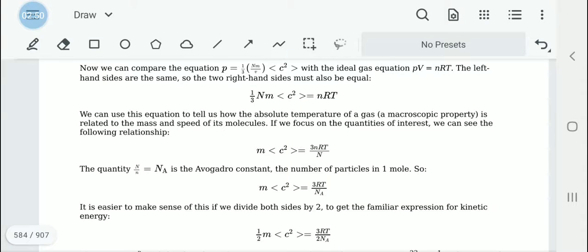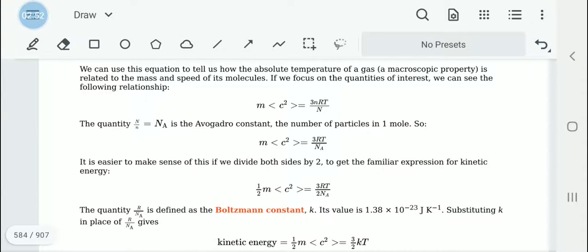Right? Then if we divide both sides by 2, then we get half m, that is half mv squared, the kinetic energy equation, because C stands for the average speed.